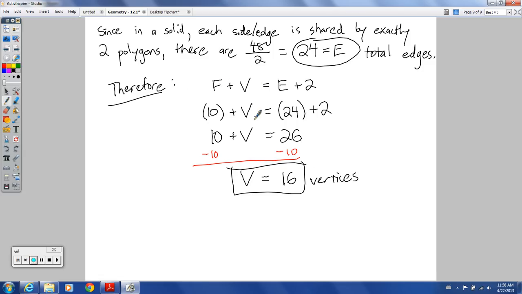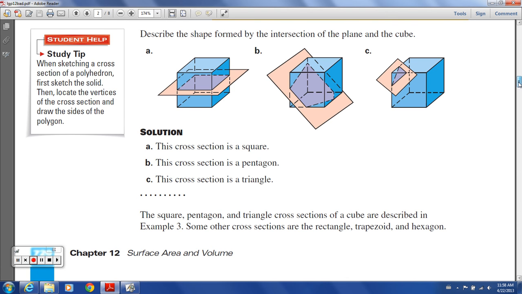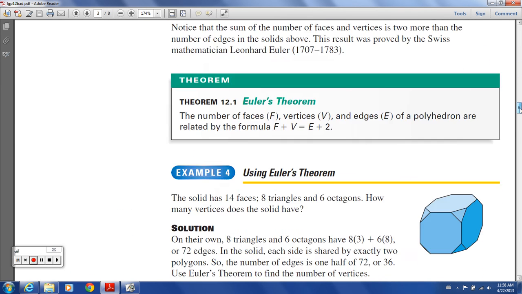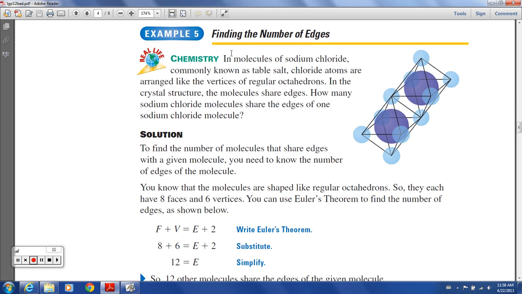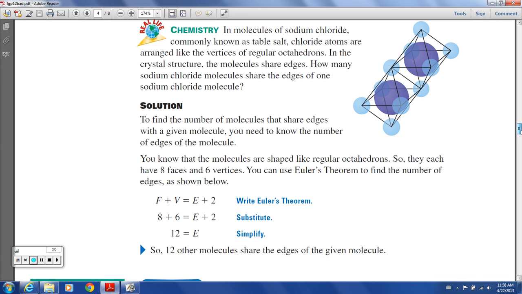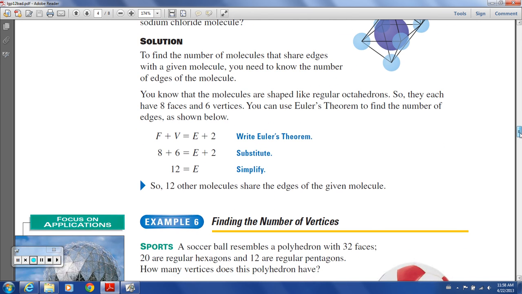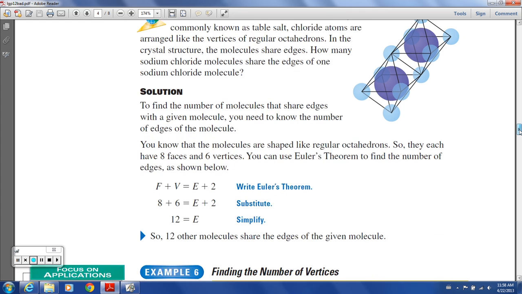Just before we finish here, I'm going to take a look at examples 5 and 6 in the book. We're not going to do ones together like this, but just wanted to point out that there are some pretty cool applications to chemistry here. We talk about molecular structures, molecular bonds, on how they come together. Euler's theorem can be applied to that, so a neat little example there. You might do something like that in your classwork as well, so check that out.